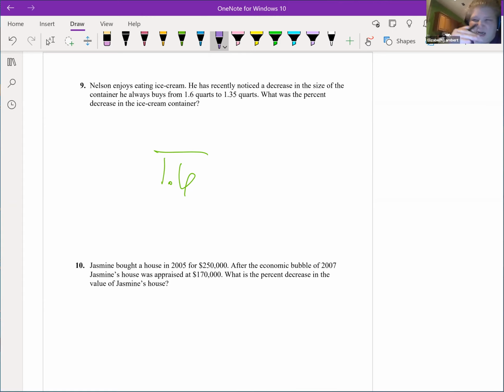If you say the negative, you don't also say decrease because it's a double negative. But it's kind of weird to think about it that way. So usually we just go bigger minus smaller and then let the context of the problem tell us if it was an increase or a decrease.